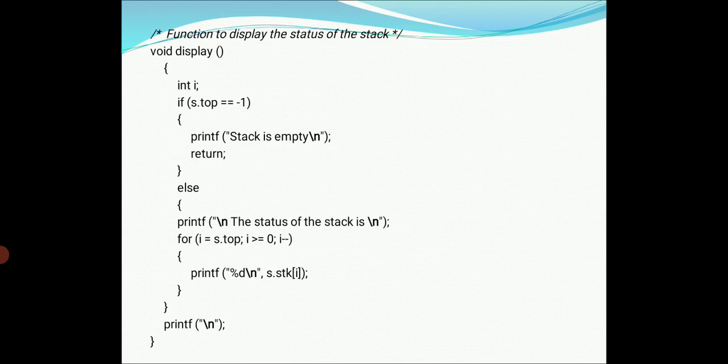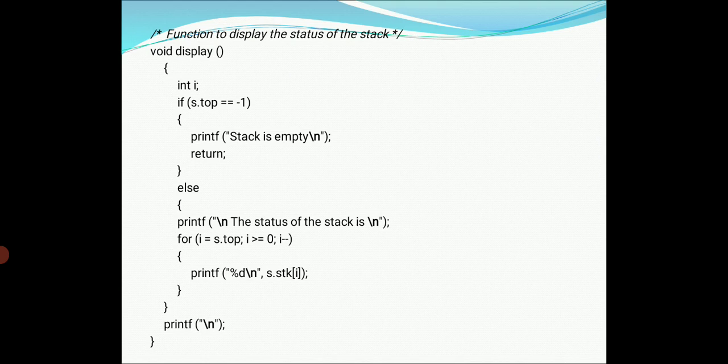Then the third function definition is a function to display the status of the stack. Void display, int I. I is the index, of data type int. If s dot top equal to minus 1, this condition checks whether the stack is empty or not.